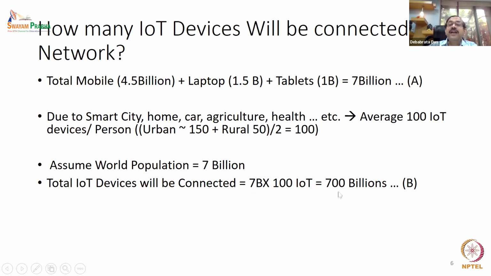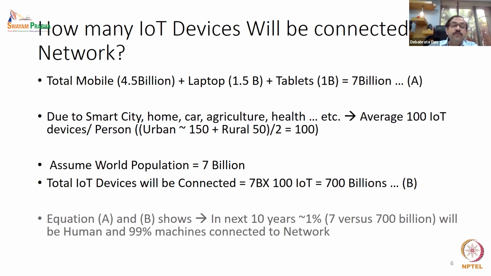So it is 100 times more within the next 10 years, connected to the network. Can you imagine? Equation A is 7 billion, equation B shows 700 billion in the next 10 years.